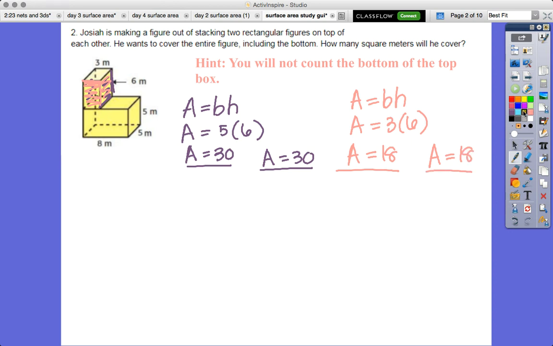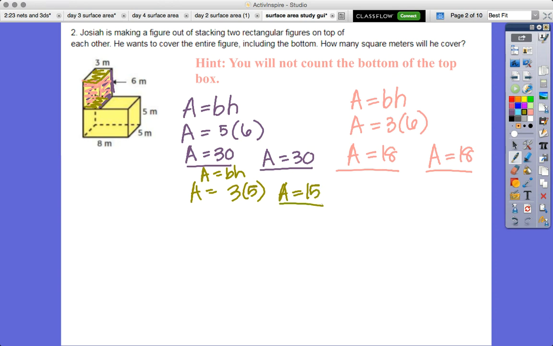Now I'm going to find the area of this top part, and I'm also going to find it for the bottom part. But we're going to do something differently with that whenever we get to the end of this problem. So let's look at just the top. The width is 3 and the length is 5. So area equals base times height, and we have 3 times 5, which gives me an area of 15.